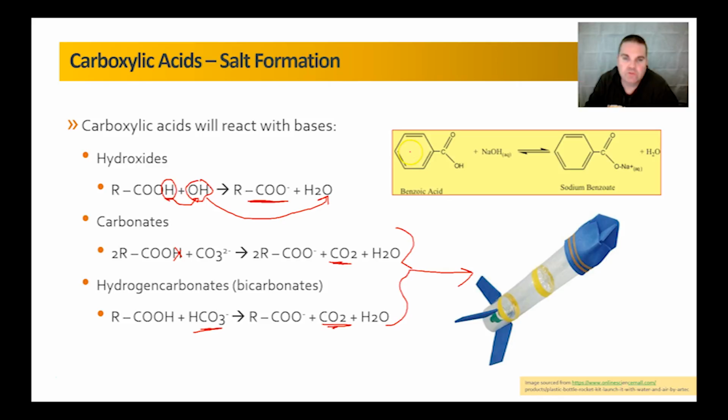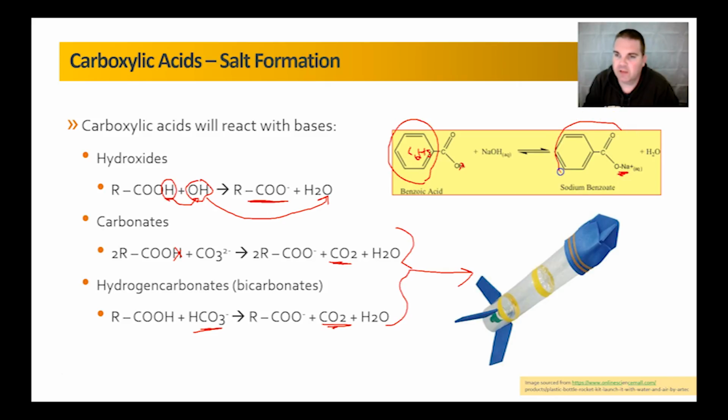Now this is quite useful within organic chemistry, because when you've got something like this, benzoic acid has an aromatic group in it here. This C6H5 group is very non-polar. What that means is that this carboxylic acid is actually insoluble in water. So if you react it with sodium hydroxide, you deprotonate the acid and you put a sodium ion on there.